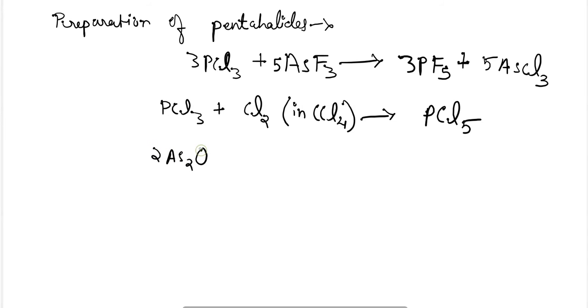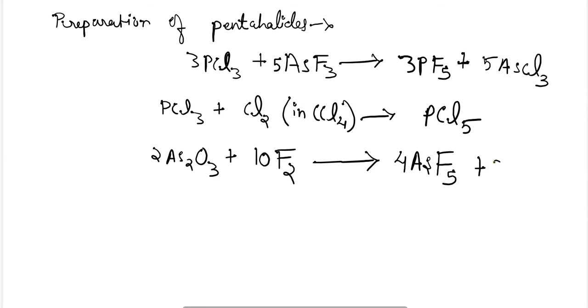Two molecules of arsenic trioxide, 2As2O3, when reacted with 10 molecules of difluorine, form 4 molecules of arsenic pentafluoride, and oxygen is released.